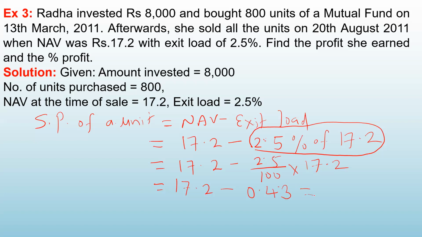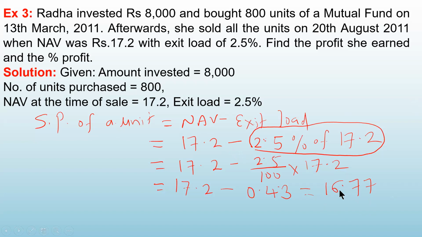Subtract this from 17.2. So we will get the selling price of 1 unit. So that is 16.77. Okay. So this is not a new thing. So many times we have done that. Just remember that while finding the selling price, exit load has to be subtracted. So you got the selling price of 1 unit.